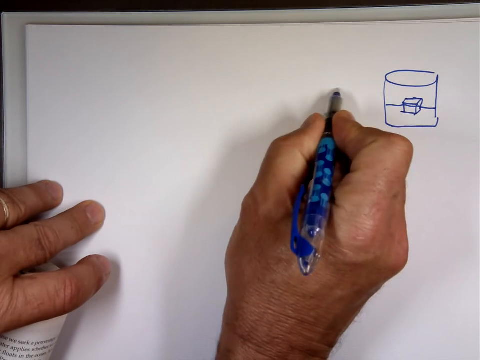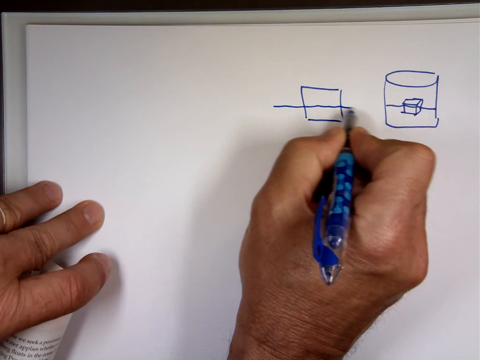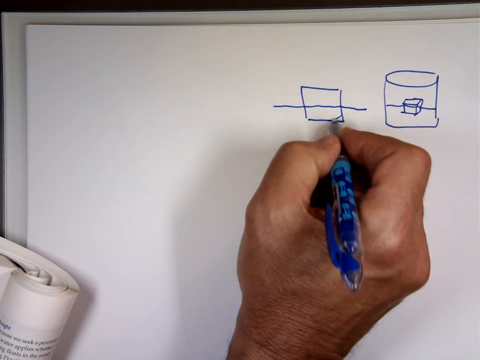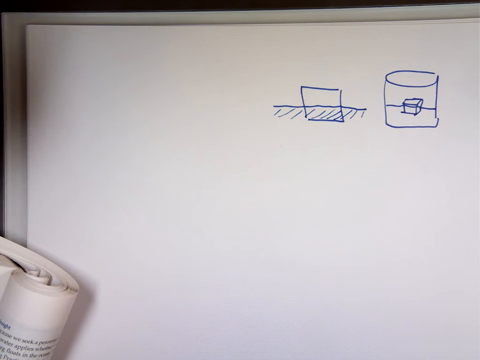If I look at the piece from the side, this is what's submerged in water. The rest is not. That's when the object is floating.